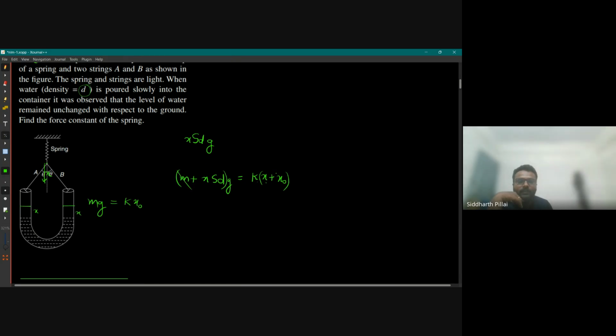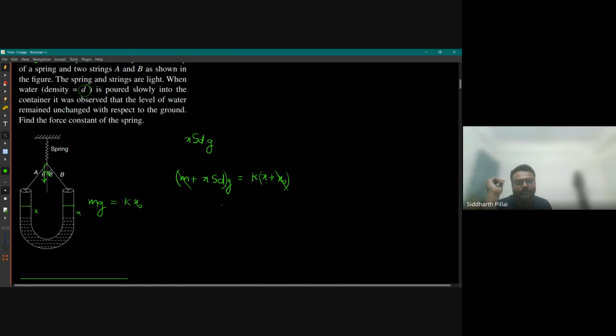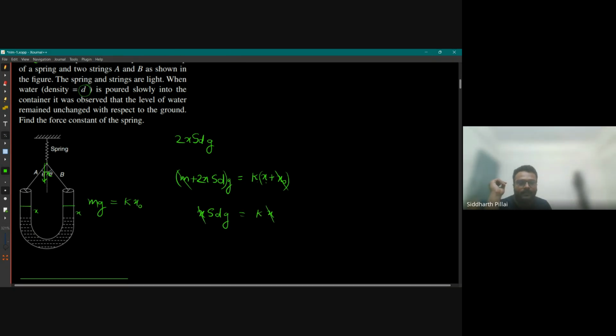So I can cancel the previous equilibrium condition. Look at the new equilibrium. What will I get? x into Sdg. I am having twice of it, right? Because this is the total amount of water that I'm adding. So 2x Sd into g should be equal to k into x. You can cancel x.